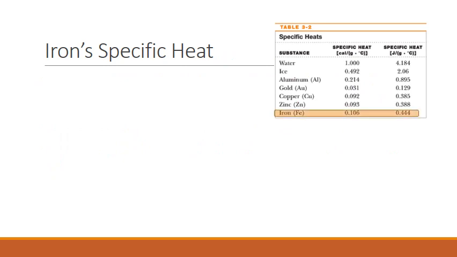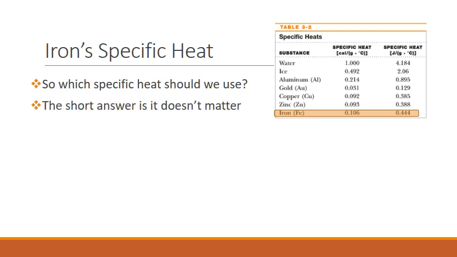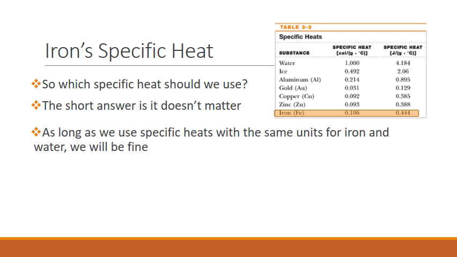A question you might be thinking, which specific heat should we use? It doesn't matter, as long as we use specific heats with the same units for iron and water. We can either use calories or we can use the joules, but they have to be the same for both.